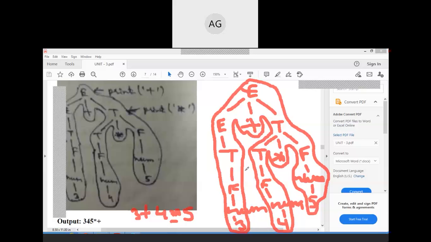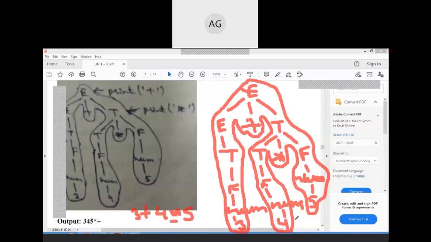As you can see here, this plus sign cannot be taken yet, because the second operand has not been traversed, so we are not getting the second operand till this point. So we follow the path, and after that I get the second number, which is the 4.